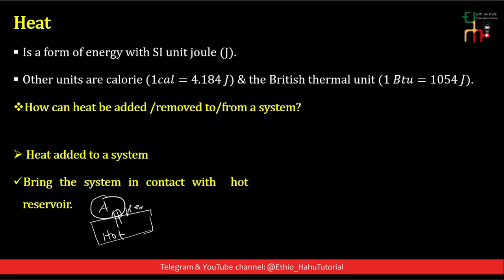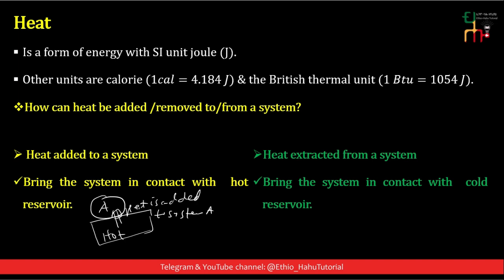Therefore, heat is added to system A in this case. If we want to extract heat from a system, the system should be in contact with another system of lower temperature. Therefore, bring the system in contact with a cold reservoir so that the system of interest loses thermal energy.